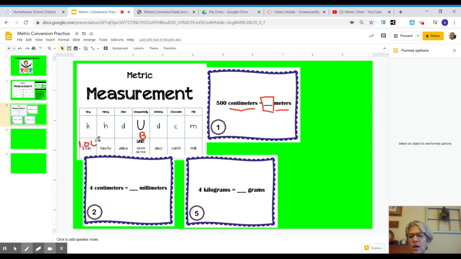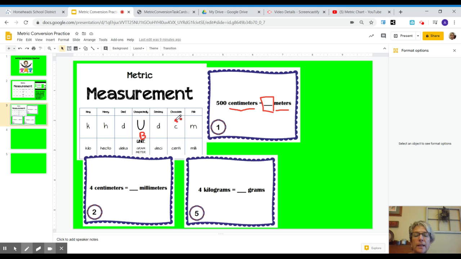That's what those prefixes mean. And I know that when you talked about that with your BrainPOP video, it reviewed all that. So that's what those mean. Each of those prefixes means something. So we're going to go from 500 centimeters, which is right here, over to meters, which is the base unit.